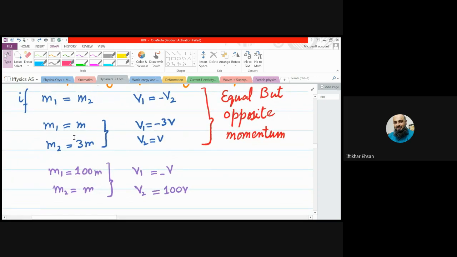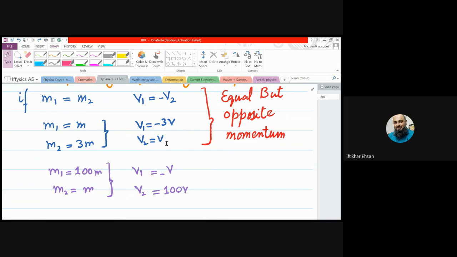Whenever the parts are not equal, let's say one is three times the other, then the heavier part will have smaller speed, and you will name the smaller speed to be v. Whenever you are supposing two values, always suppose the smaller value to be x or y. That will make the mathematical working easier.